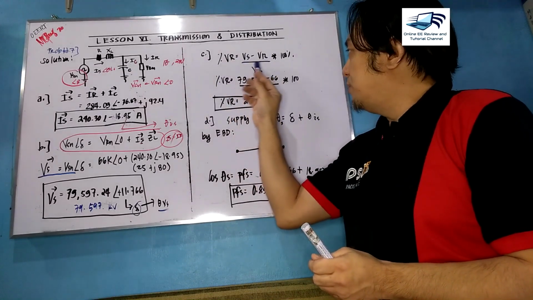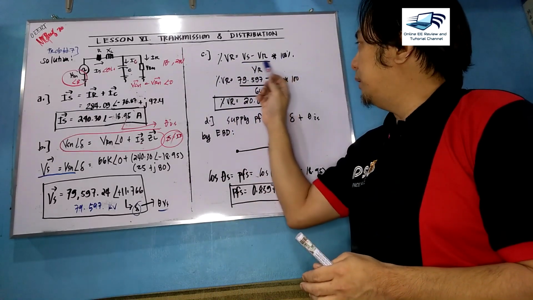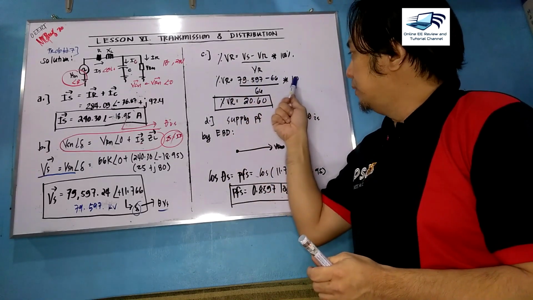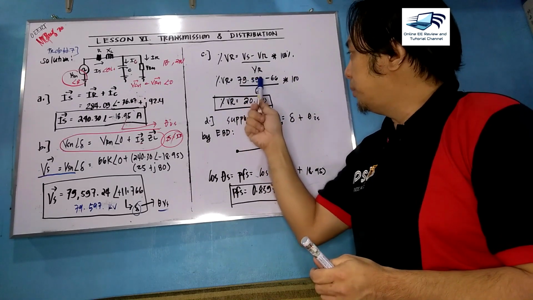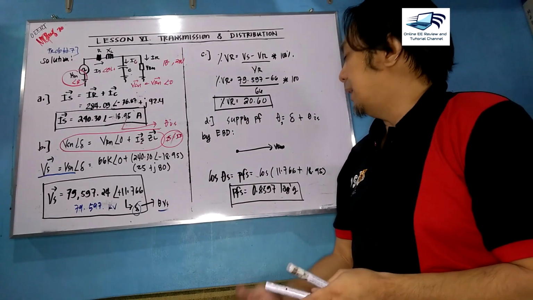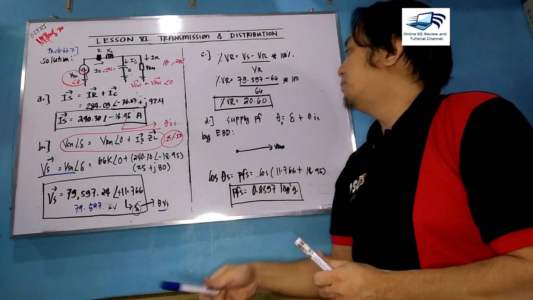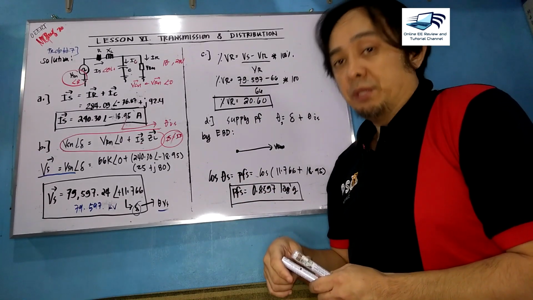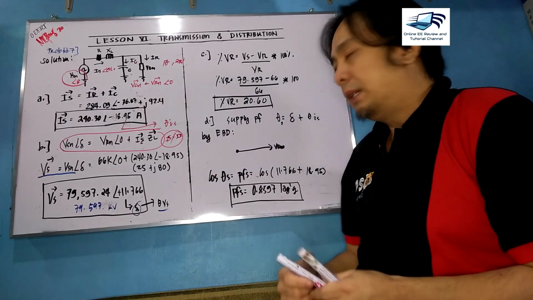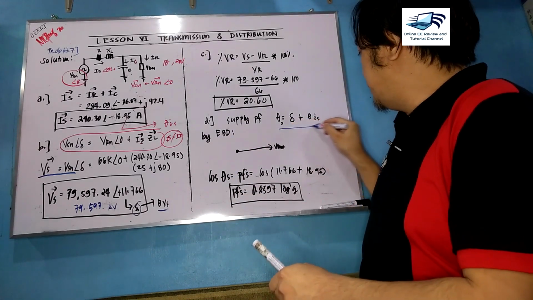We have Vs minus VR over VR times 100 from your electrical machines. And thus, we can now get the VR here, 79.59 minus 66 over 66, the K will cancel out, definitely, and we have 20.6%.